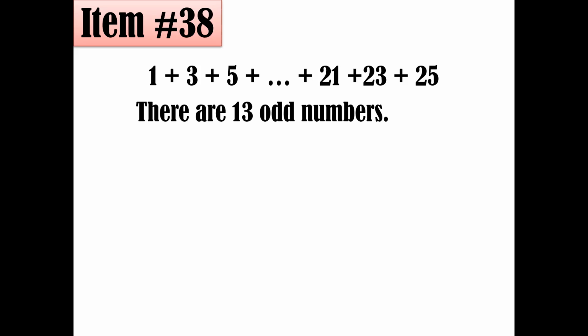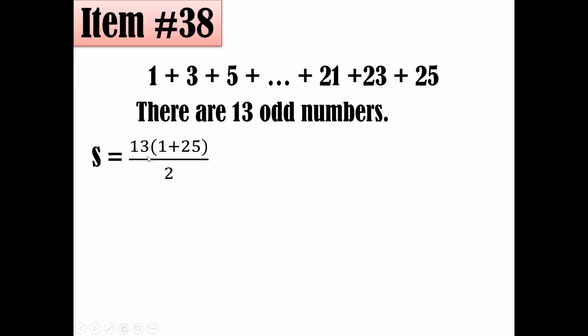So if you could check on your own, there are 13 odd numbers dito. 25 is the 13th odd number, and you are going to get the sum of the first 13 positive odd numbers. And remember, this is still an arithmetic series dahil nga meron kang common difference na 2.